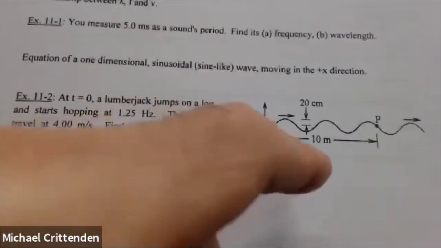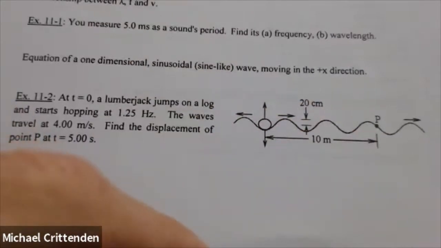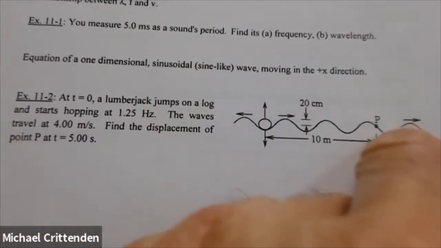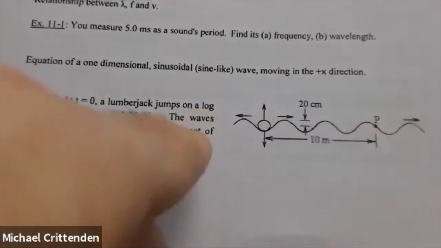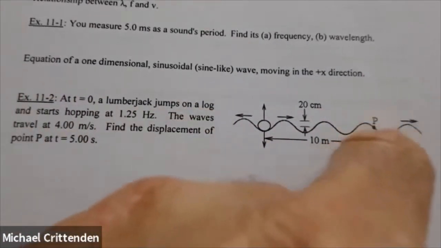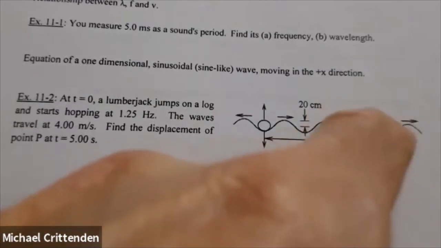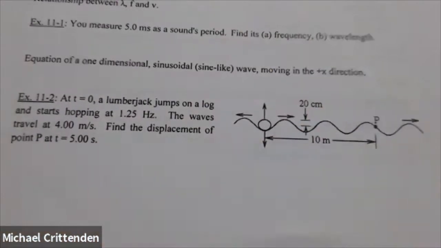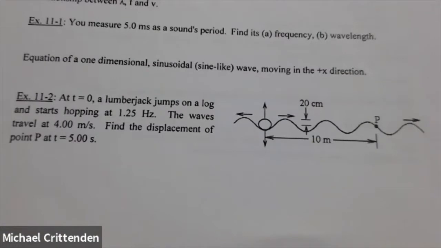Anyhow, based on the information that's given here, we are supposed to find the displacement. What I mean by the displacement is how far above or below equilibrium this point is. How far is it displaced from where it would be if you just had calm level water? That's y in that equation, y equals A sine of all the rest of that stuff.